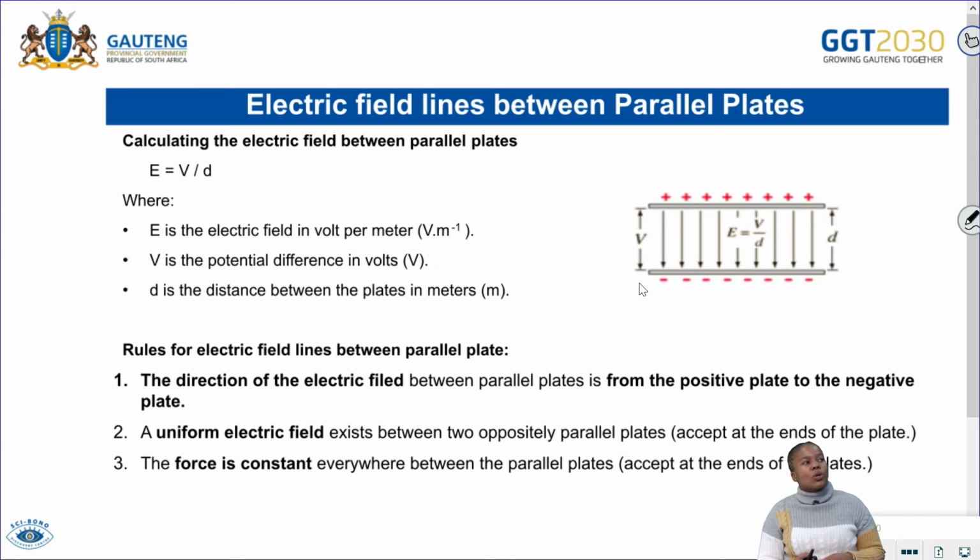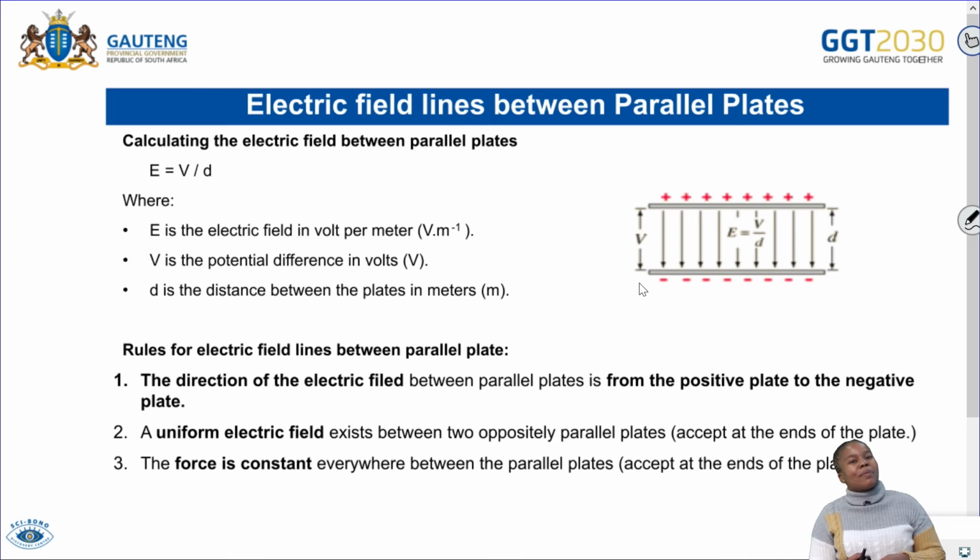Now we give the formula for calculating the electric field between parallel plates, because we now have a power supply connected to them. There's a distance between the two plates, given as the small letter d.